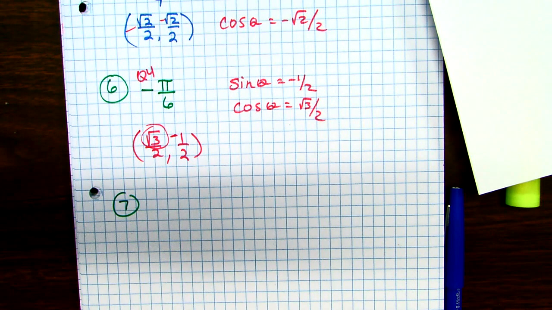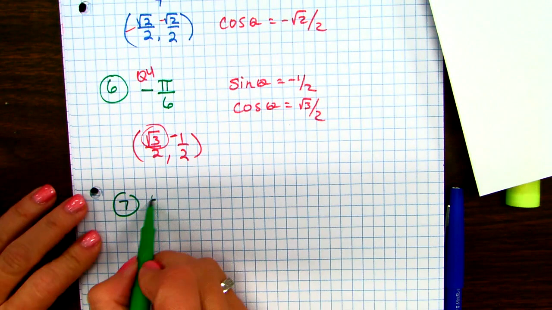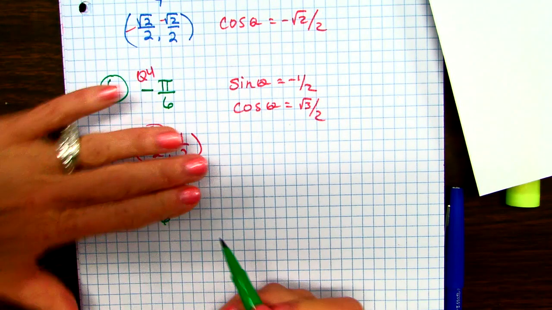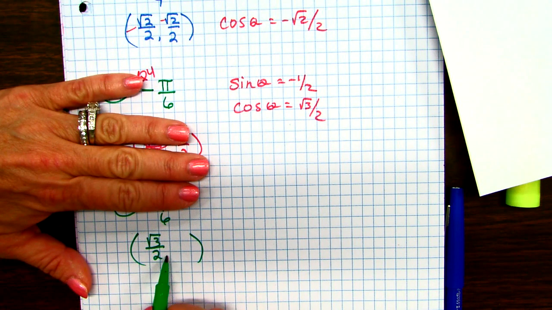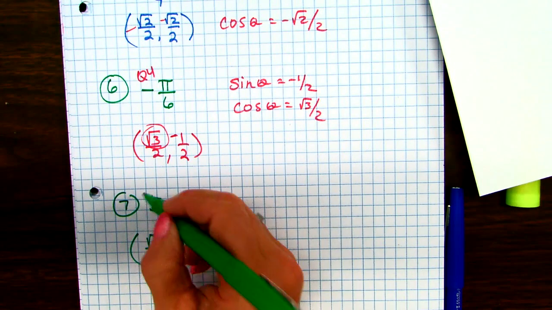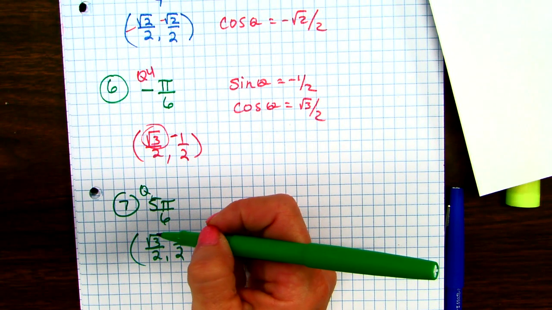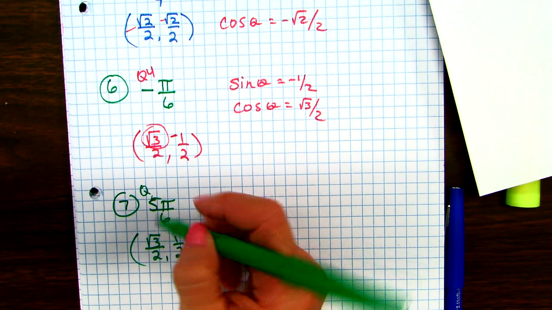Number 7 is 5 pi over 6. Denominator, smaller piece of pizza. That's the first angle we come to. Numerator tells me I'm in quadrant what? If I'm 1 less, 2.